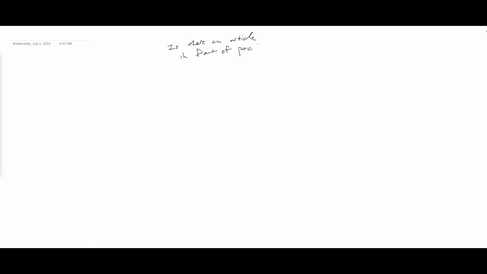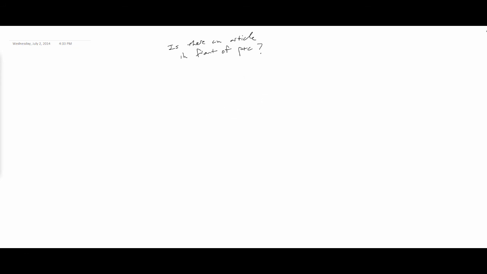It might be separated by the negation word me or something like that, or it might have a de that's stuck in there. But is there an article before? Usually it will be right before it. It might be separated by a little word or something. Is there an article with that participle?